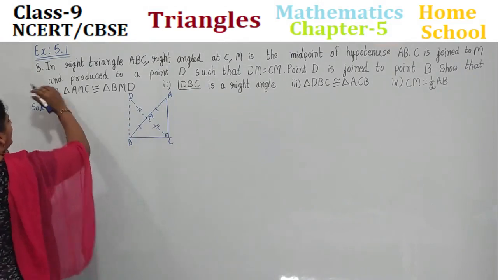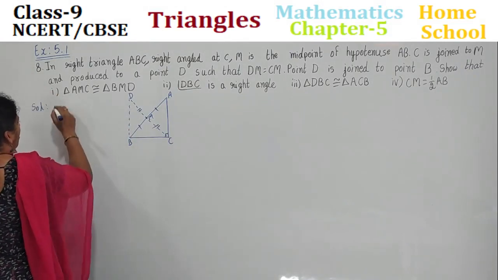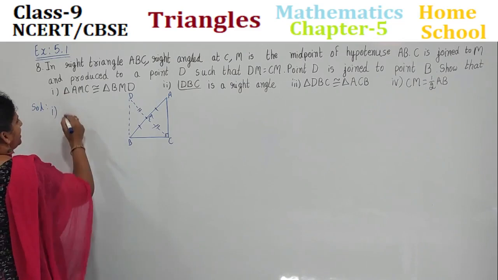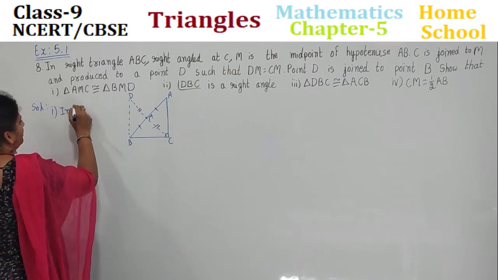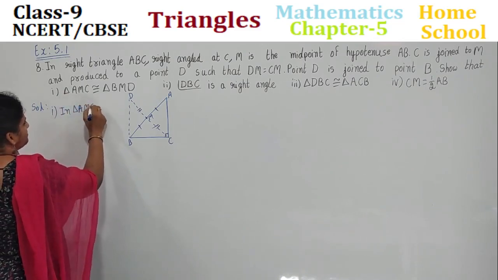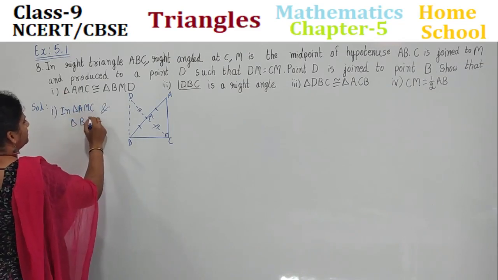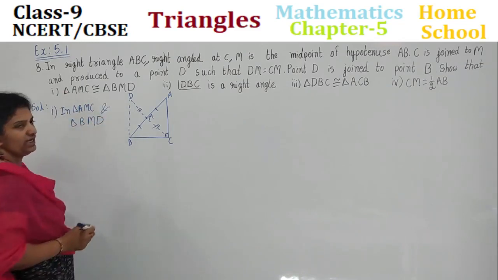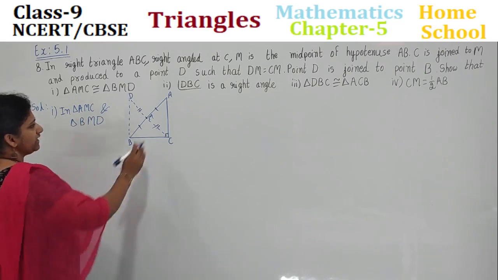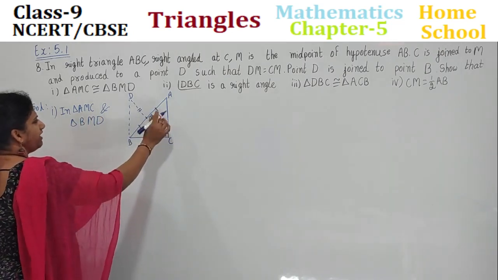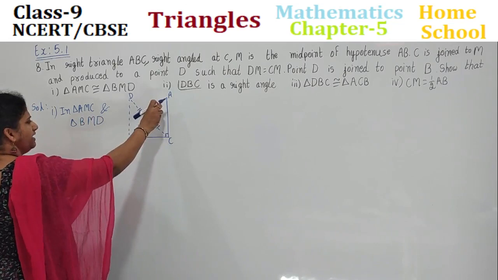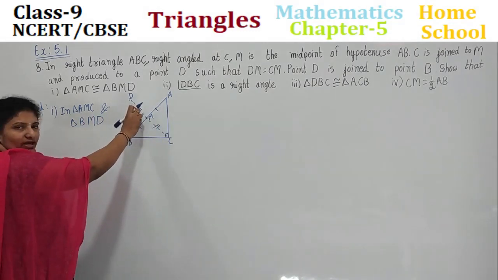Now let us start the proof of the first case, children. Consider triangle AMC and triangle BMD. Where is triangle AMC? This one. Have a look here. This is AMC and this is BMD.